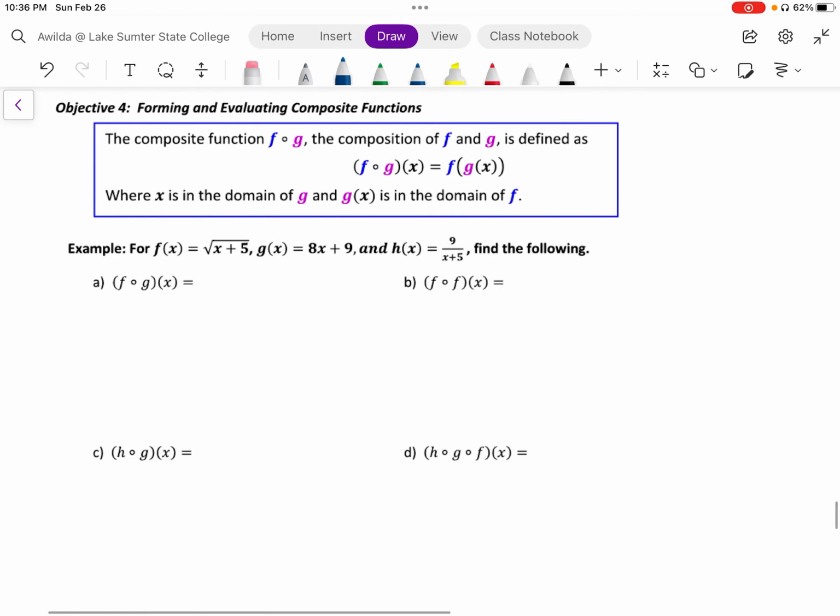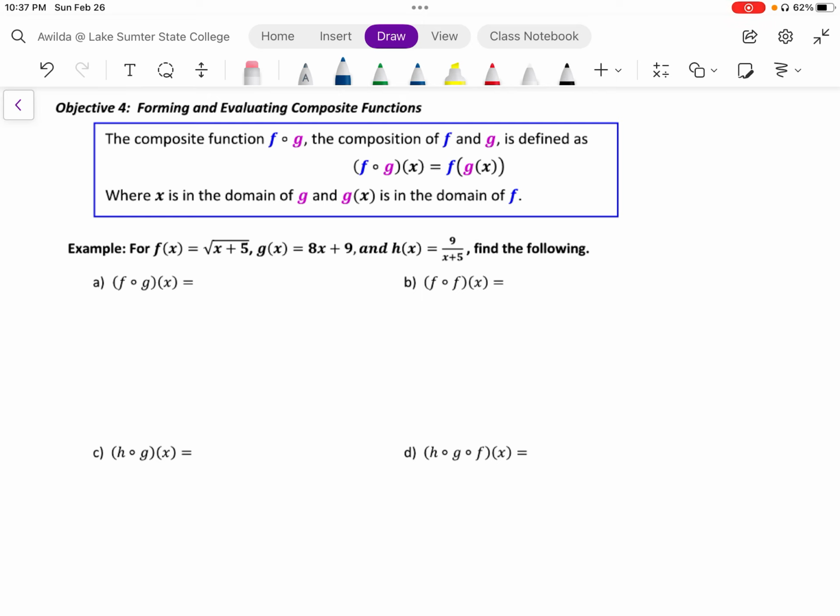Next, let's talk about forming composite functions. I like to think of having composite functions as having an entire rule for a function become the input for another function. The notation here looks like a little o in between the two function names, like f little o g of x. But this is really pronounced f of g of x.